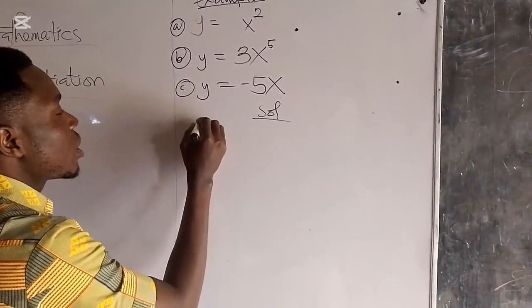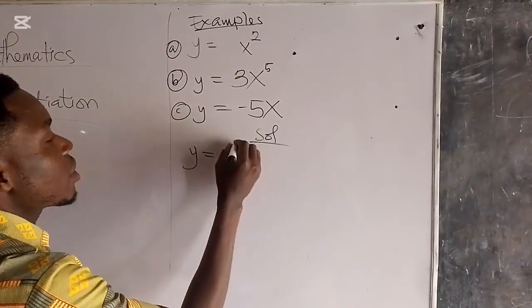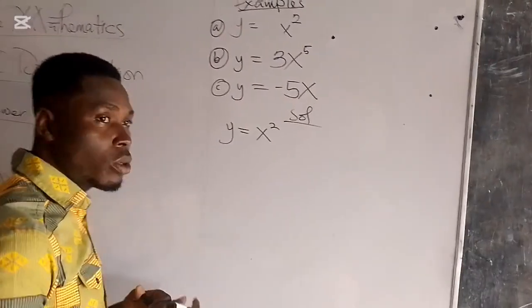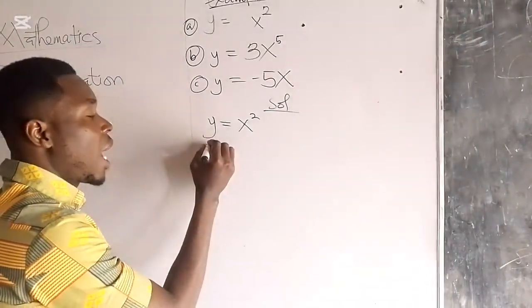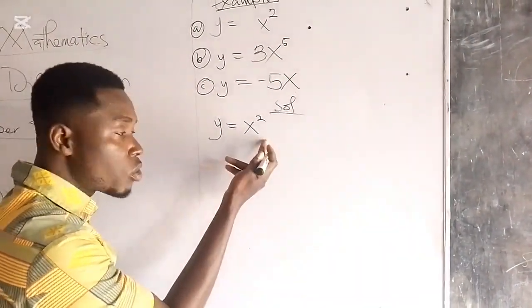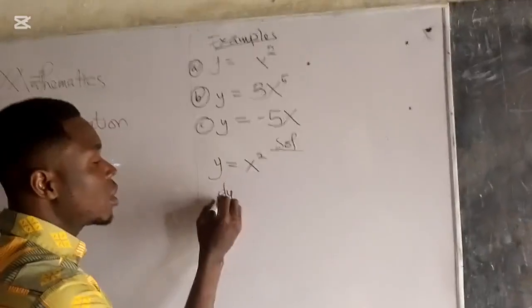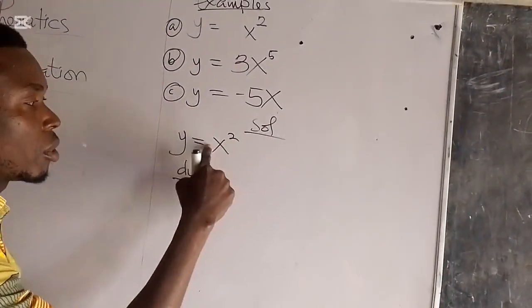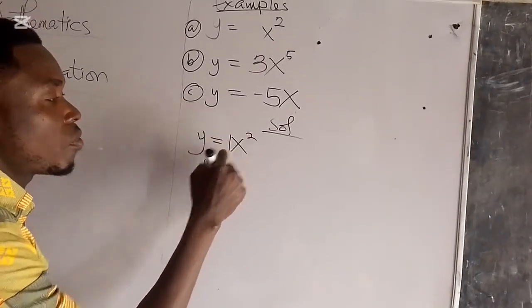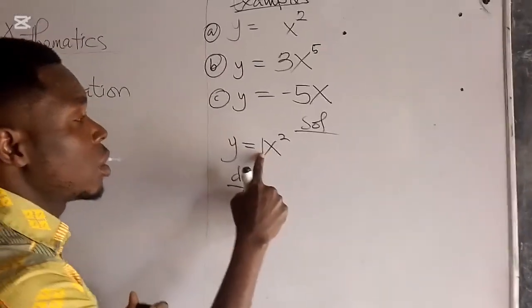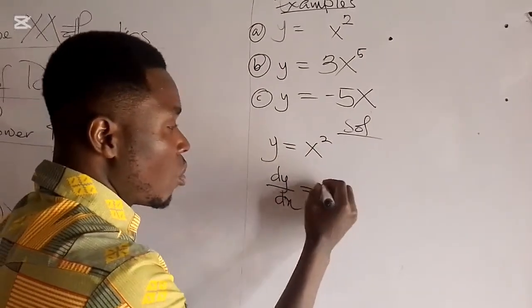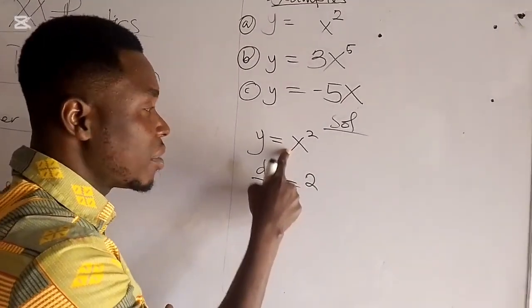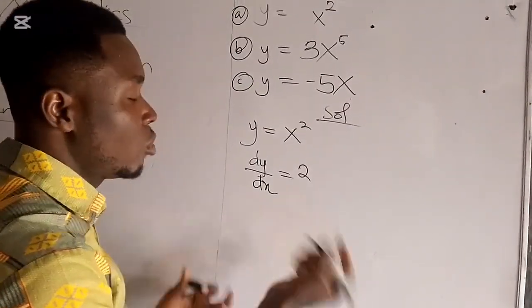So our first question, y is equal to x squared. I told you early on that if we want to differentiate with respect to x, our dy over dx is equal to, we drop the 2, because there is a coefficient of 1 here, which normally we don't write. So when you drop the 2, we have 2 multiplied by the 1, which is the same 2.